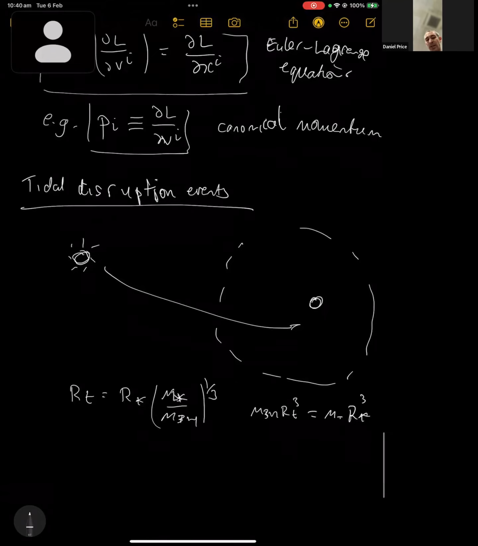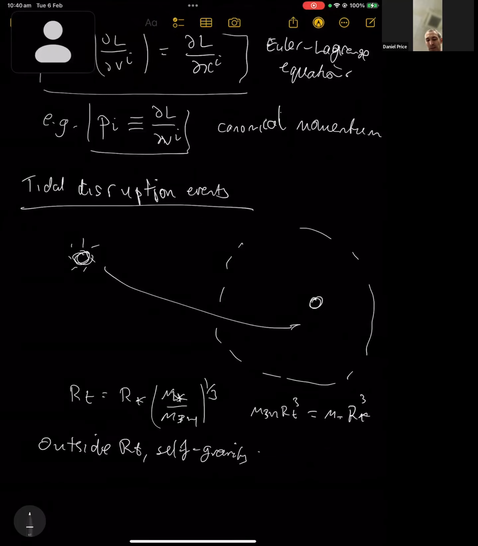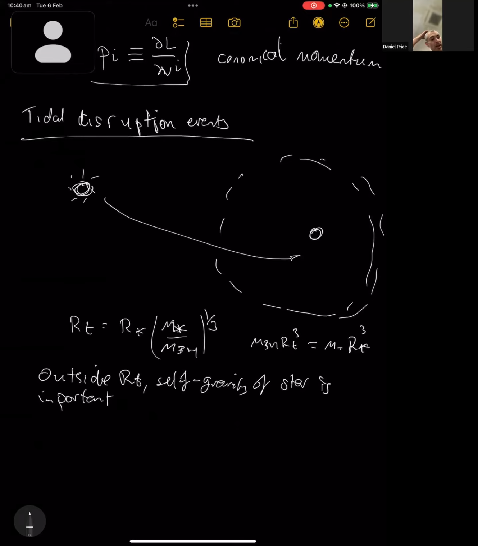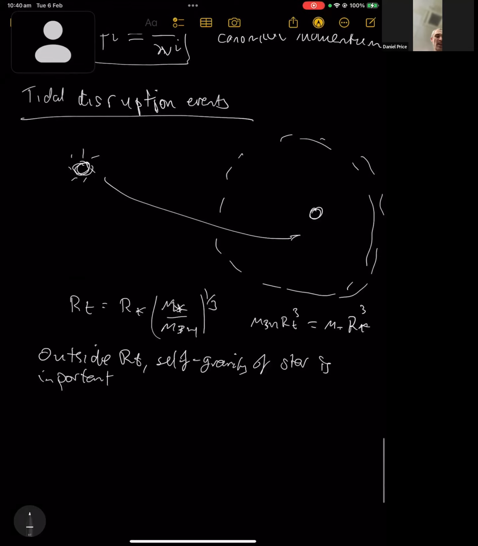Outside the tidal radius, the self-gravity of the star is important by definition of the tidal radius, because that's what we're saying. The gravity of the black hole is dominant inside some kind of volume, but outside that volume it's the star's gravity that's the important thing. But we just said that in general, if we want to solve the gravitational interaction, we need to know the metric.